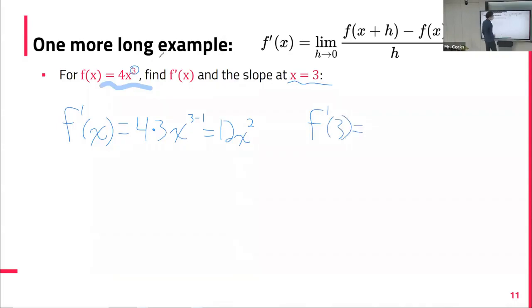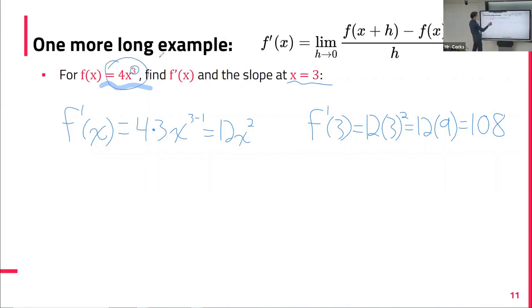So we just substitute in that number. 12 times 3 squared, 12 times 9, 108. So if we want the slope for any point on this function, not too hard. We just take our original function, find our derivative, and then substitute in the x value and see what we get. And that will be the slope.